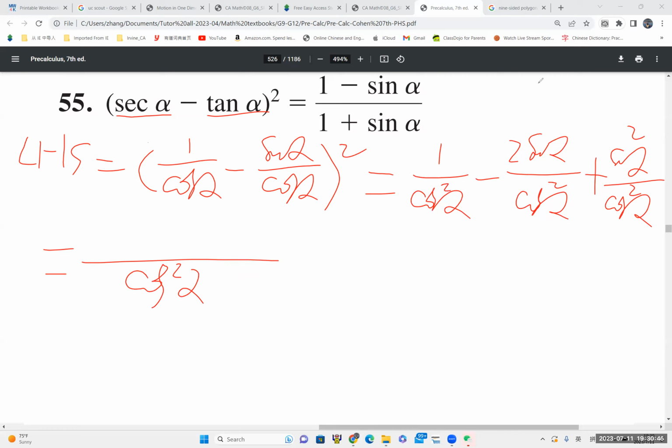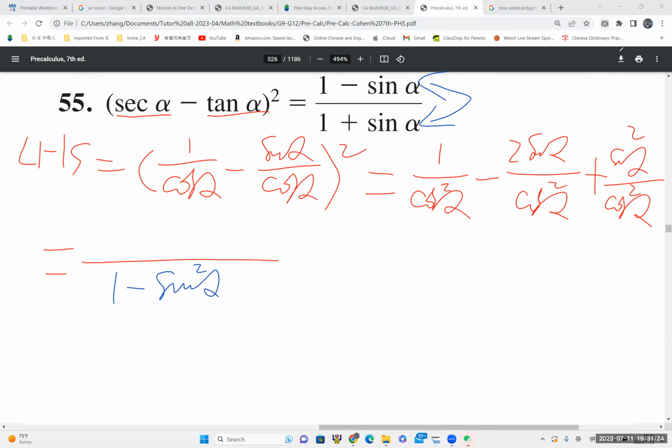Oh, hold on. Yeah, so we want to go to here, which just has sine alpha. So this gives me a hint. Maybe I'd better translate cosine alpha to sine alpha, right? So we know cosine alpha square plus sine alpha square equal to 1. Then cosine alpha square equal to 1 minus sine alpha square, right?